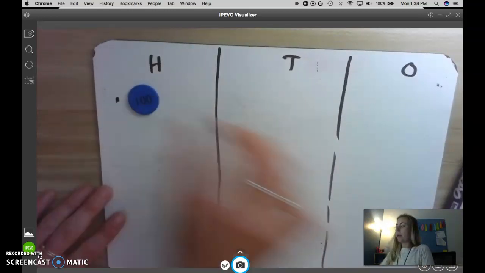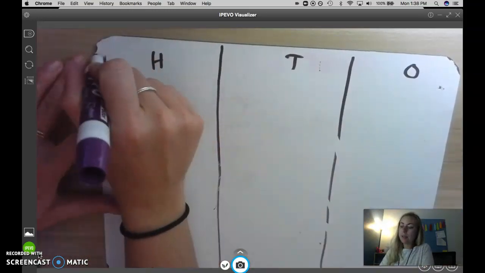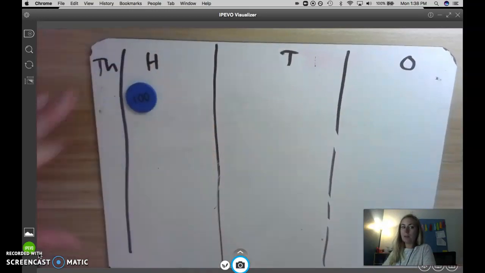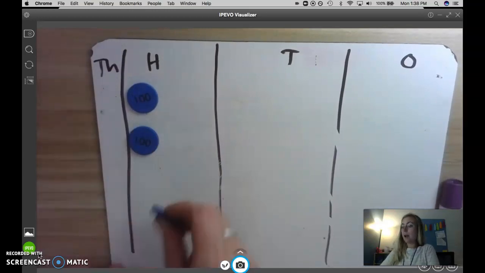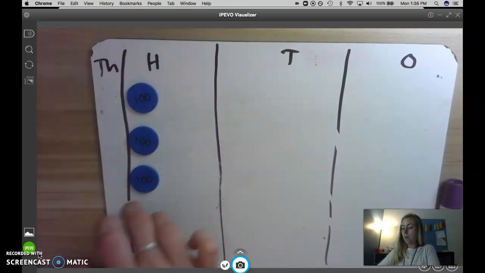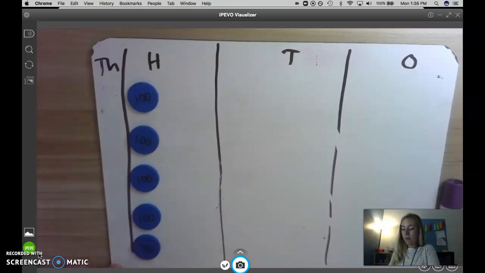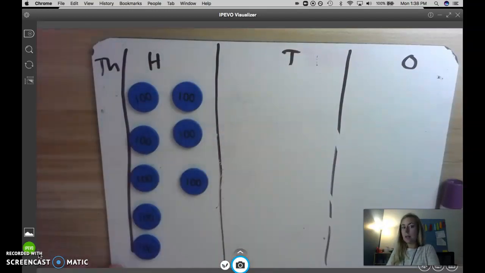Let's keep going. We're going to count by hundreds, and I'm going to add a little place right here. That'll be my thousands. So we've got 100, 200, count with me, 300, 400, 500, 600, 700, 800, 900, 1,000.